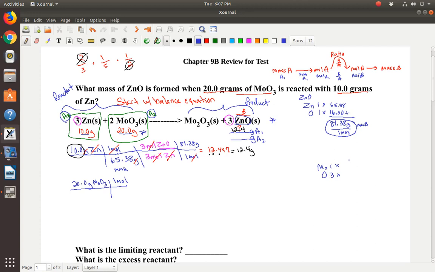So molybdenum's molar mass, if I look it up on my periodic chart, and I'm just using the periodic chart that's in your textbook for these calculations, is 95.96, and then oxygen is 16 again. 3 times 16 is 48, so 95.96. I add those together to get the molar mass here.